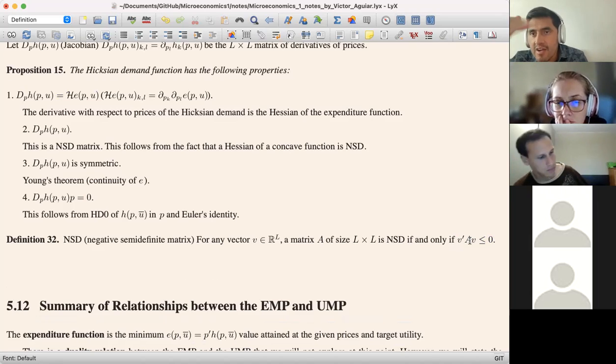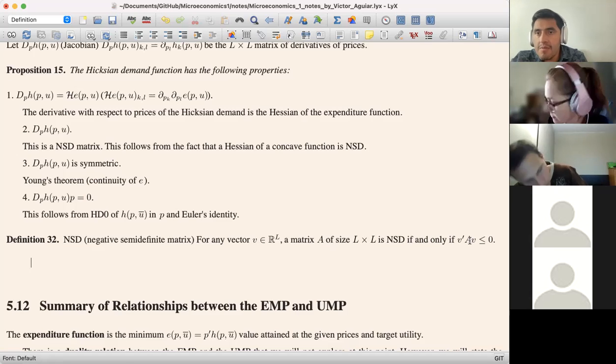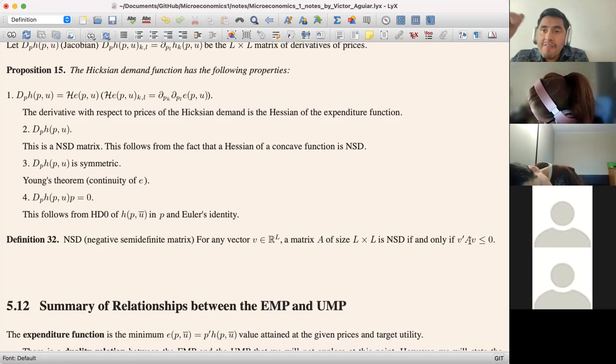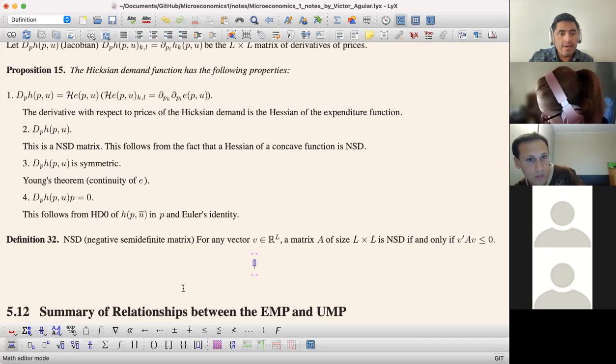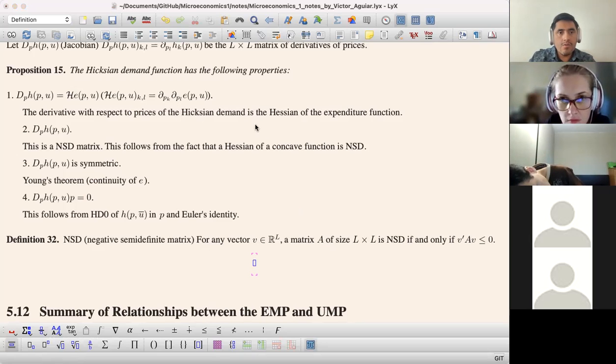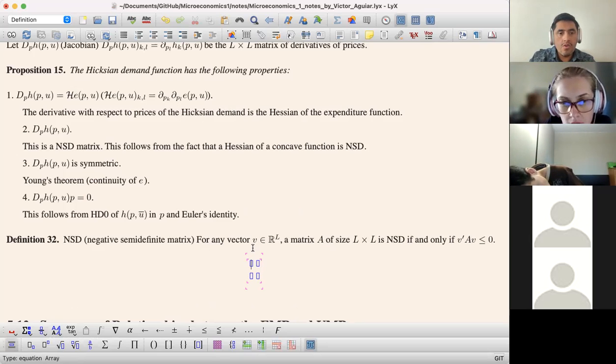So in scalars, in real numbers, we know the sign. If I give you 2, it's a positive number. If I give you -2, it's a negative number. Now, imagine I have a matrix of numbers. So for instance, I'm going to do a little matrix here, size 2 by 2. Let me put inside some brackets.